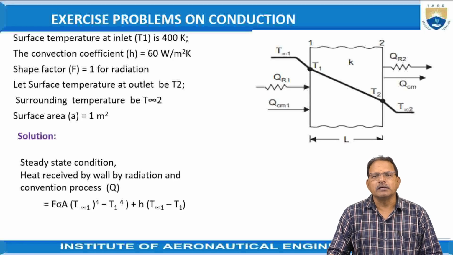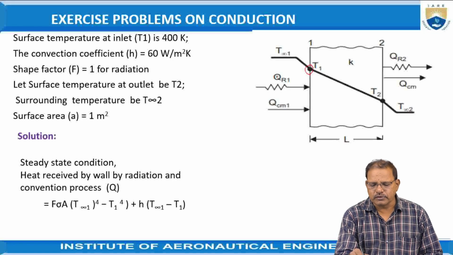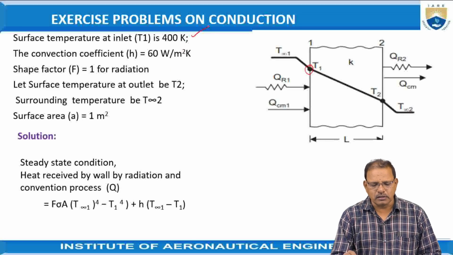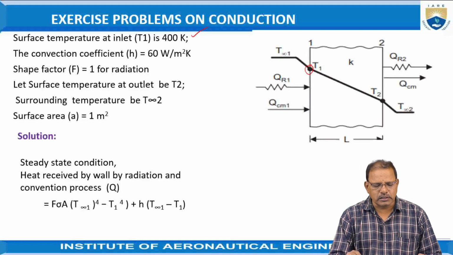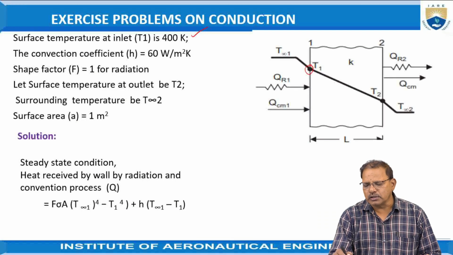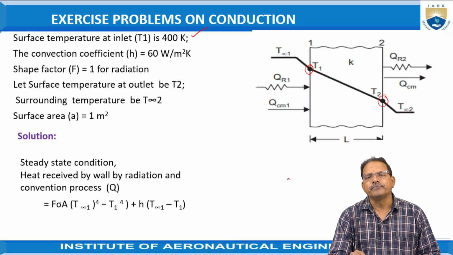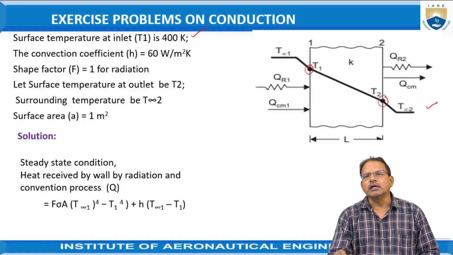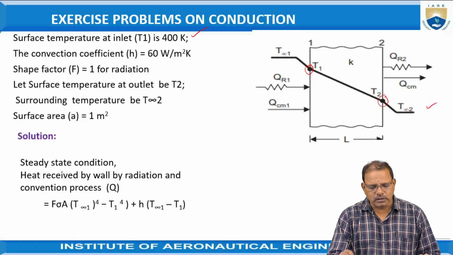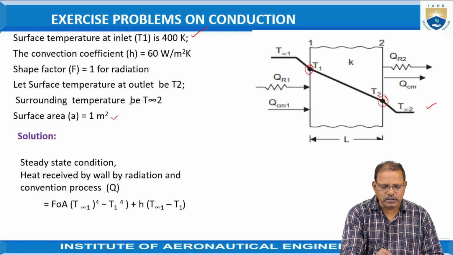The surface temperature T1 is equal to 400 Kelvin. The convection coefficient is 60 watts per meter square on the other side. Shape factor is given, F equal to 1. Let the surface temperature at the outlet be T2, which we have to determine, and also T alpha 2, that is the air temperature. The surface area is not given, so assume it is equal to 1 meter square.